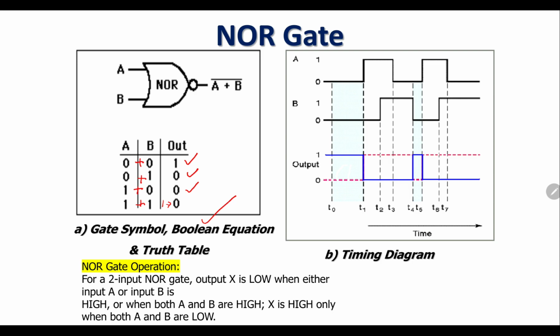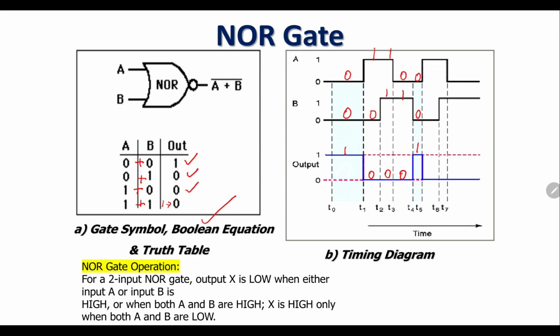So for the timing diagram, you see 0, 0. 0 plus 0, bar, 1. 1 plus 0, 0. 1 plus 1, bar, 0. 0 plus 1, 1. Invert, becomes 0. 0 plus 0 is 0.